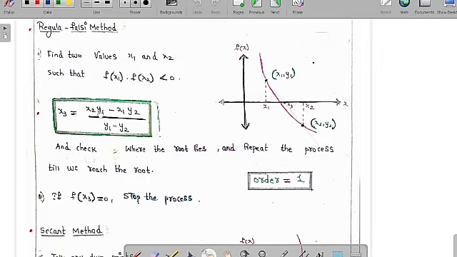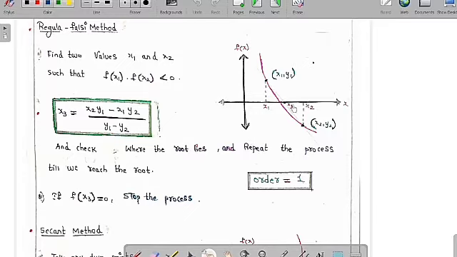In this manner you are going to get the value of x, which is x2 y1 minus x1 y2 by y1 minus y2, and check where the root lies and repeat the process till we reach the root.